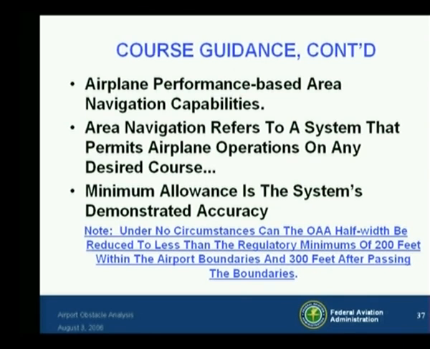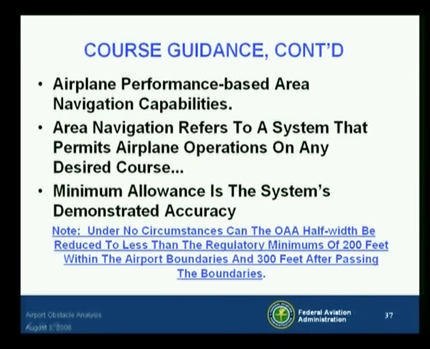But airplane-based area navigation refers to a system, and a system to us today means performance-based, like FMS, GPS, RNAV, RNP, or IRS system, that permit airplane operations on any desired course, including a turn expansion for a flyby or flyover waypoint, without direct course guidance from a ground-based nav aid. The minimum allowance is the demonstrated accuracy of the airplane-based navigation system.